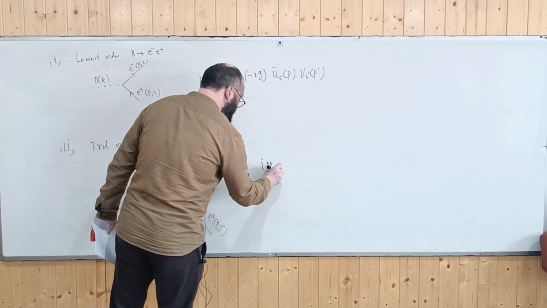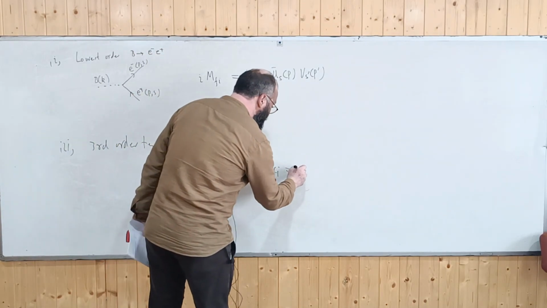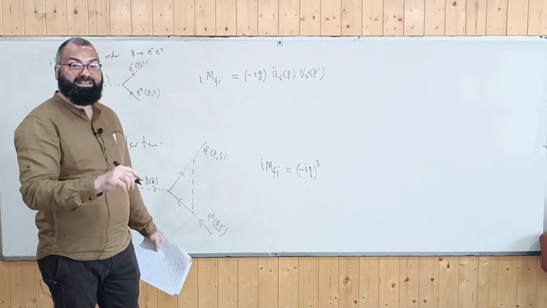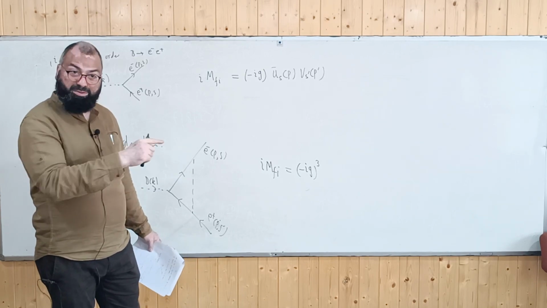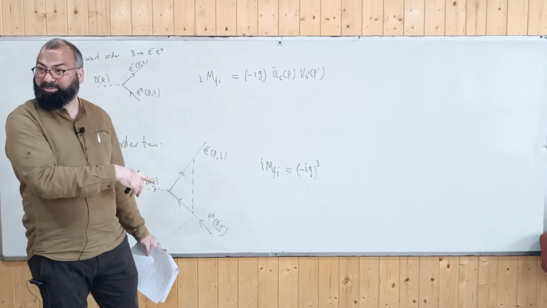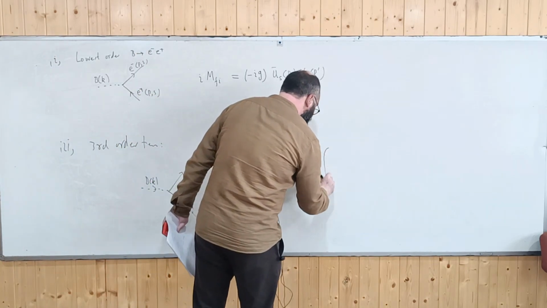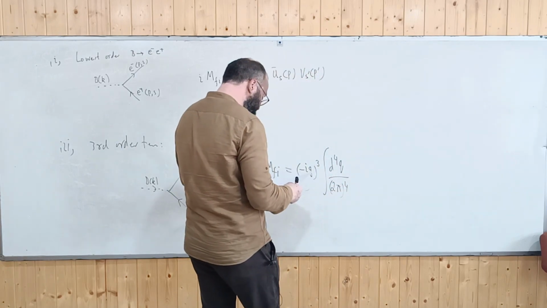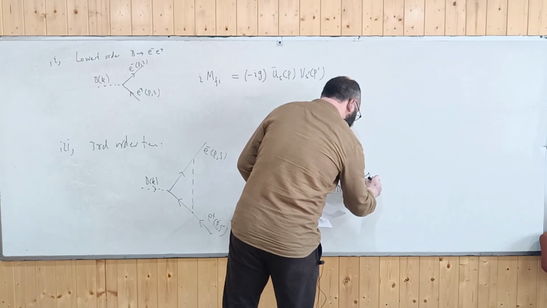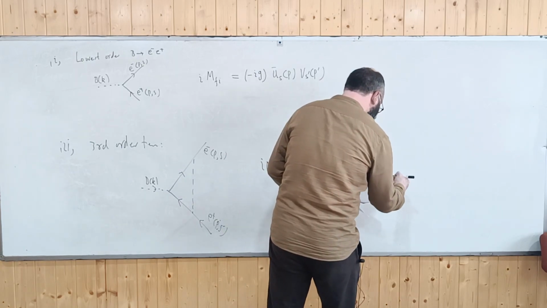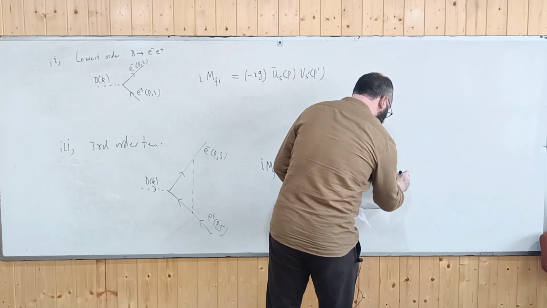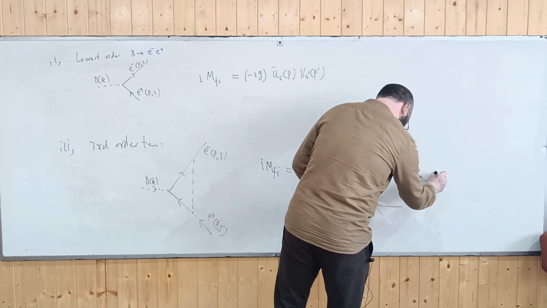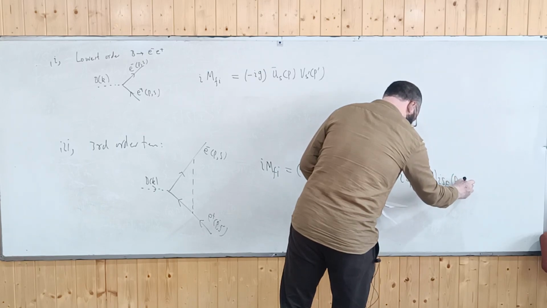You have just calculated it. There will be a coupling constant, iG raised to the power 3. Then there was an integration factor: the integration over the internal momenta, or the propagators in the diagram. So it is d4 Q divided by 2 pi raised to the power 4. Let me write it. Then you have i delta F of Q, then i S_F of P minus Q, and i S_F of P minus Q minus P prime.